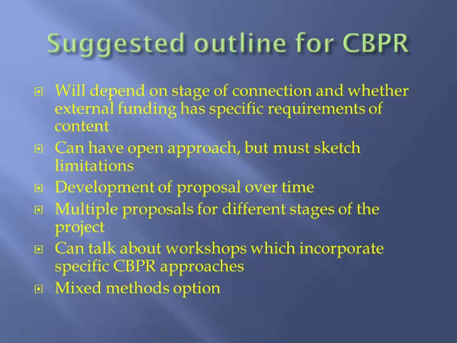What I'm talking about here is there's a range of different proposals that can be written in CBPR, as I said, from the initial proposal for how you access your community and start working with your community, to as a community raises specific points. So if we're working in Delft, the first proposal might be around how to understand access and set up relationships, set up the CBPR process.